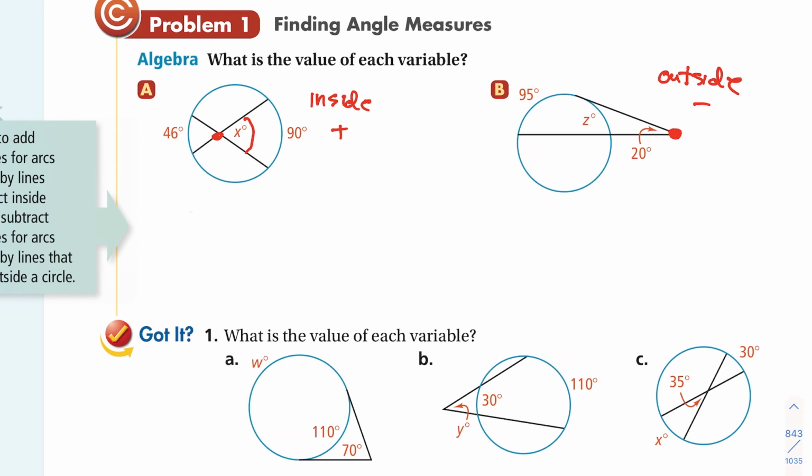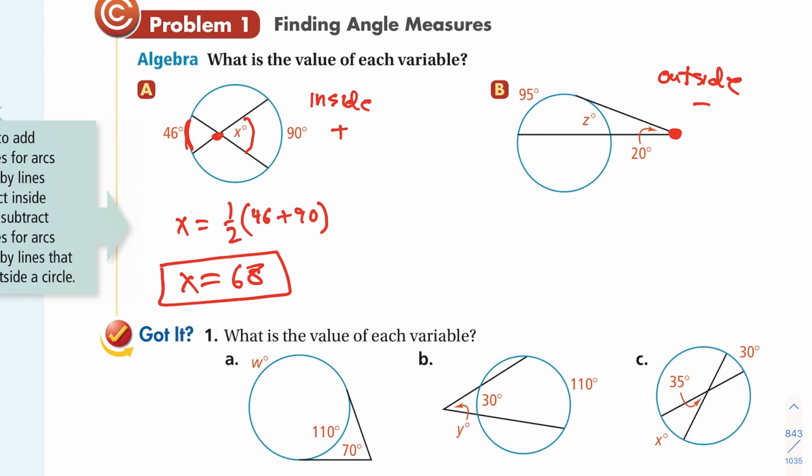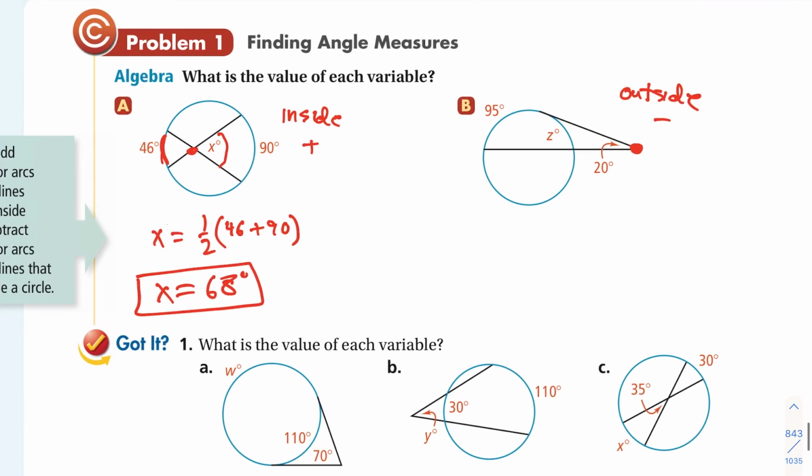We're going to say the value of x is equal to half times the measure of one arc plus the measure of the other arc. So just simplify that, throw that into your calculator, and you have x is equal to 68, and it should be degrees. Now let's take a look at the next one.